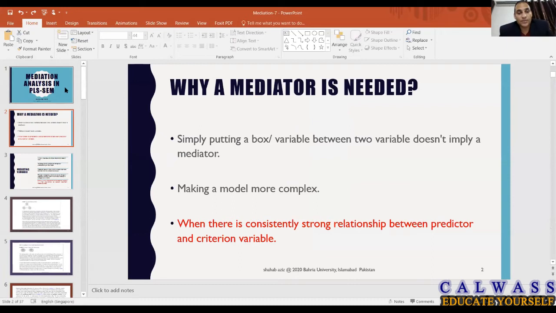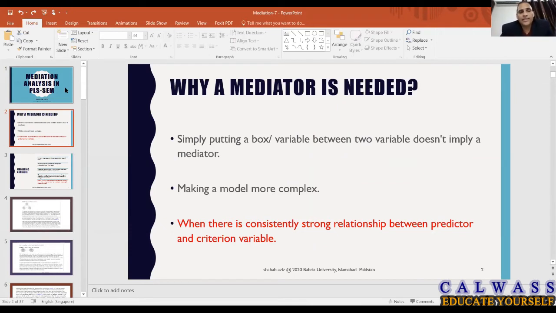So to explain the mechanism involved between IV and DV, we sometimes bring in a mediator. When you want to introduce a mediator within your model, you need to have a justification.